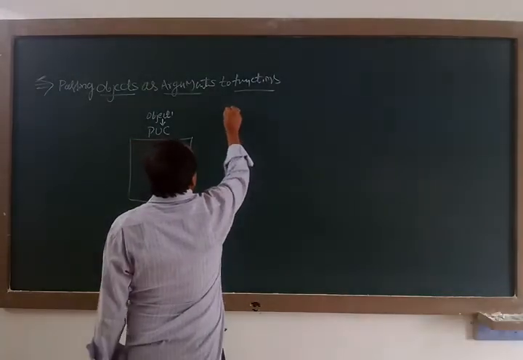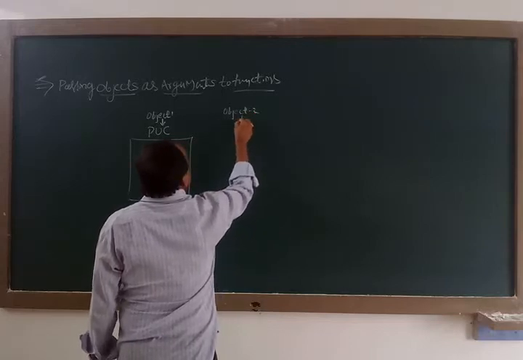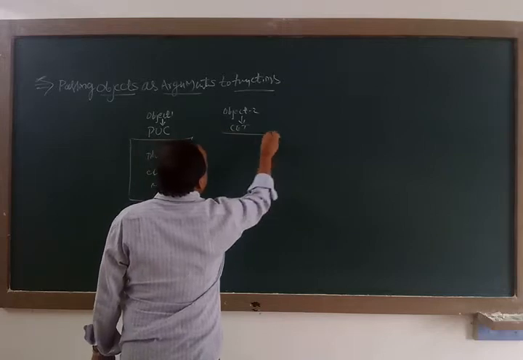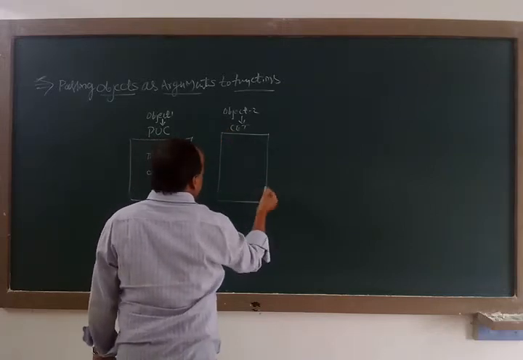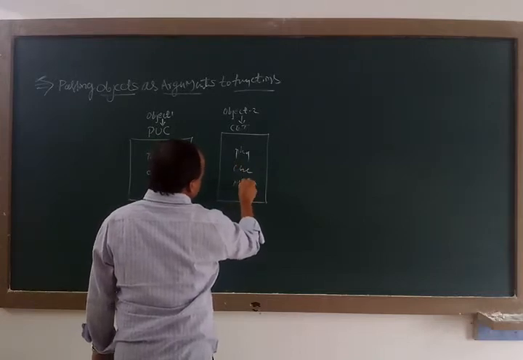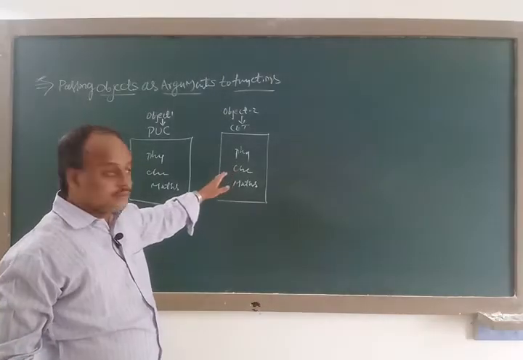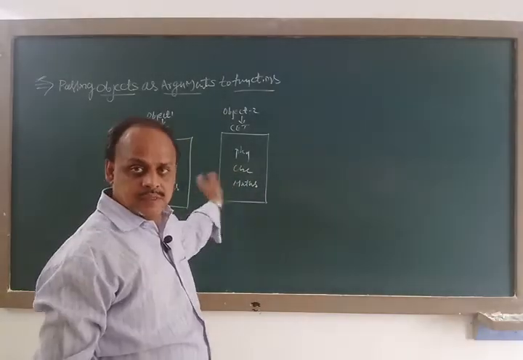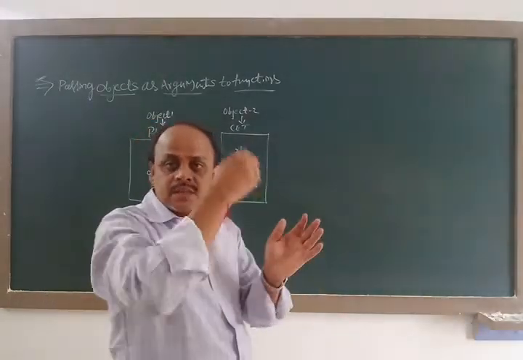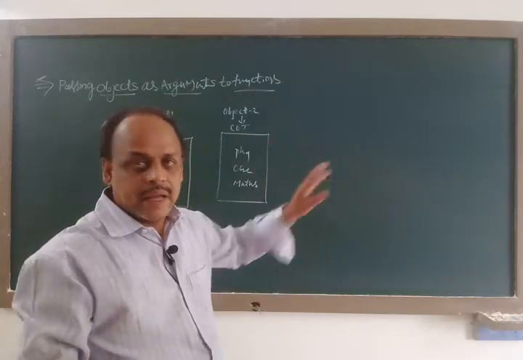And the second object, that is CET, also contains physics, chemistry, maths as data members, the same copy of data members, right? If a class has a data member, the same copy of the data member is there for every object.